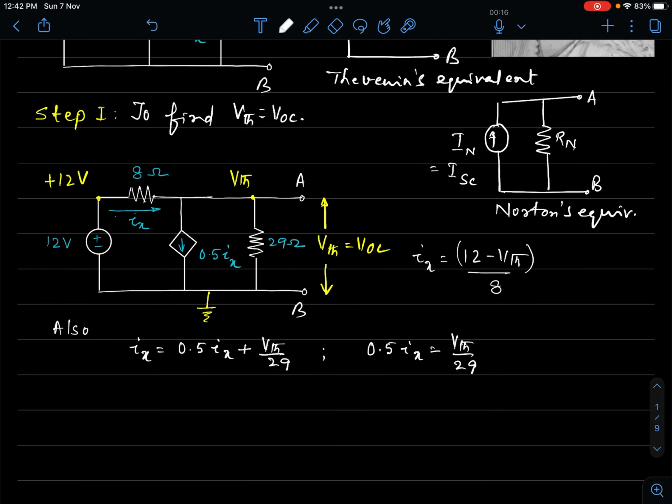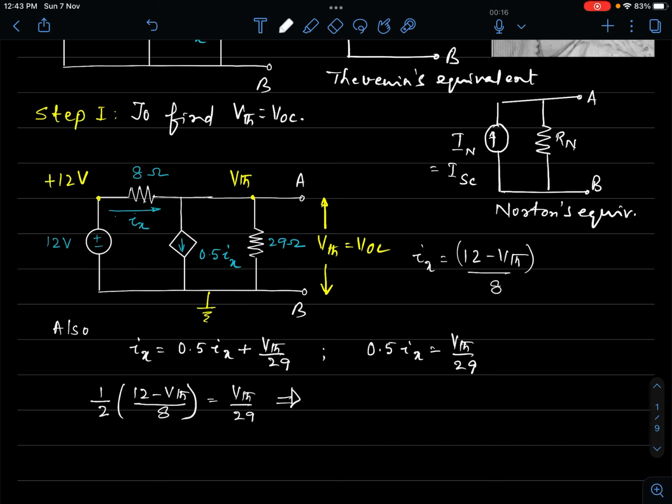Now I will substitute for IX. I will have half times 12 minus VTH divided by 8 equal to VTH divided by 29. If I simplify this equation, what will I get?